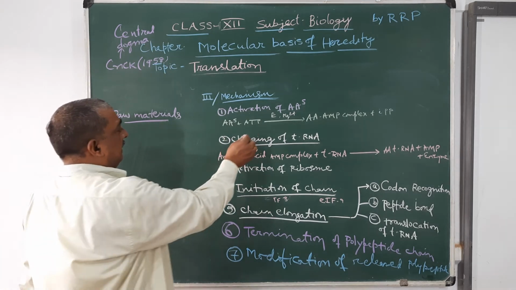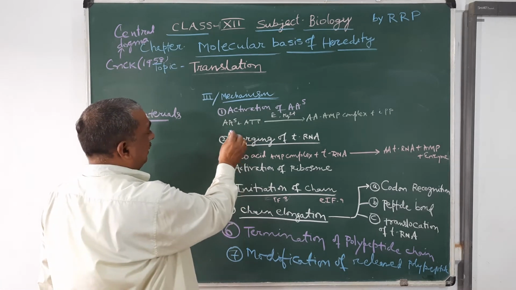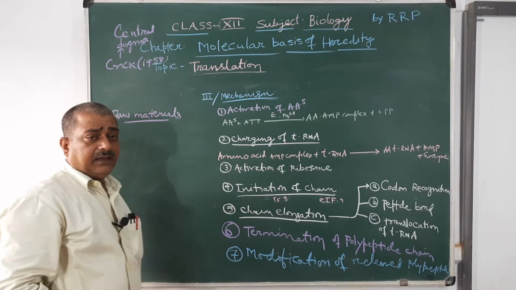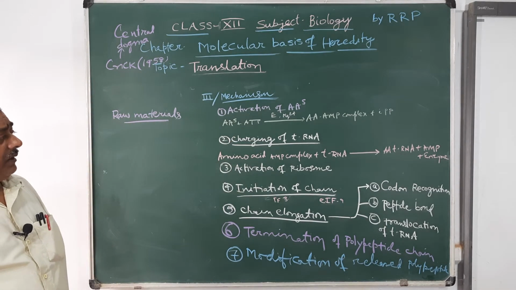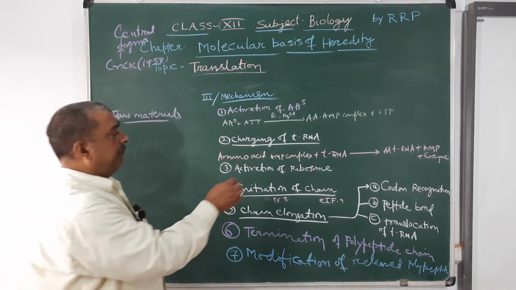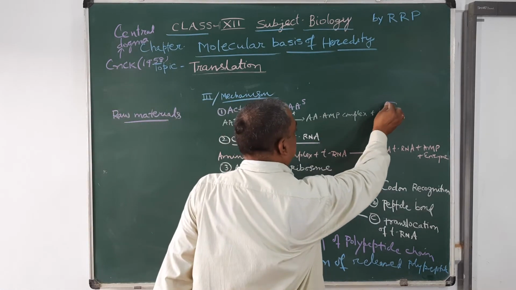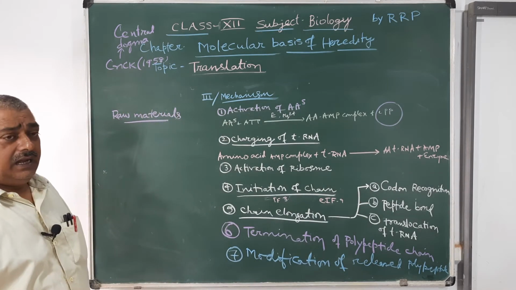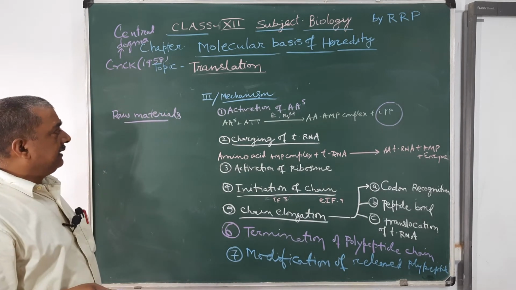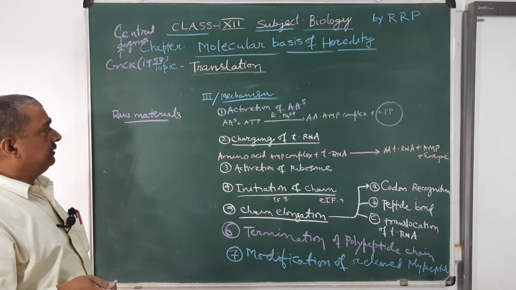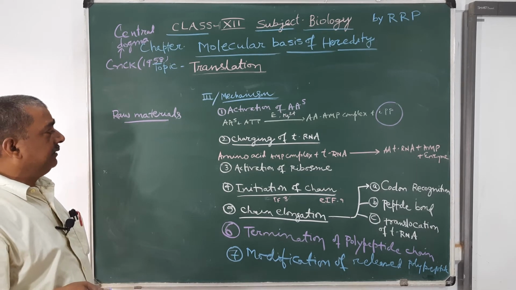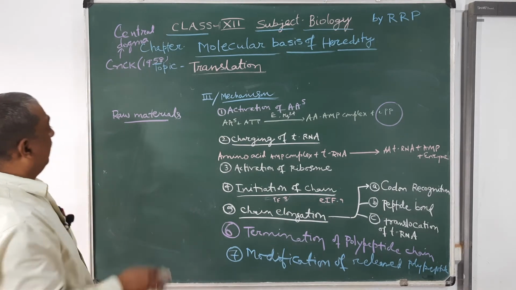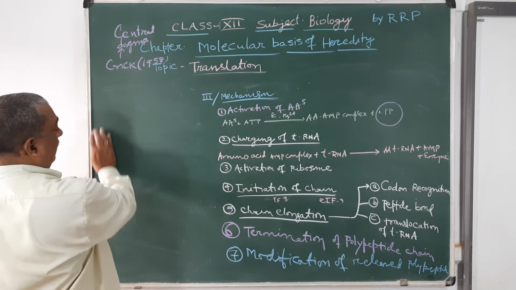Activation is done when an amino acid is joined with ATP in the presence of an enzyme and magnesium to form an amino acyl AMP complex, and pyrophosphate is released. This energy energizes the amino acid. So this process is called activation of amino acid. Amino acid activation is a very important starting point.